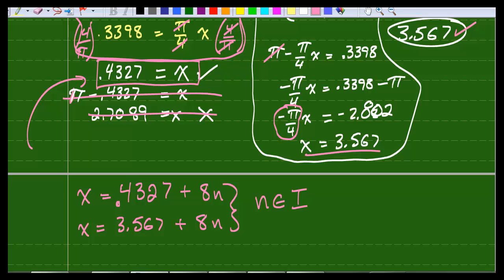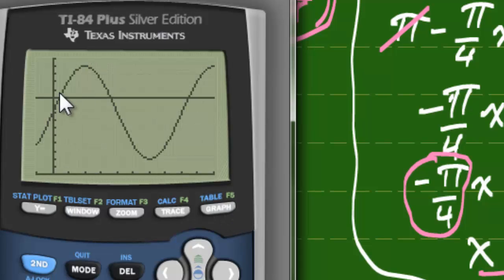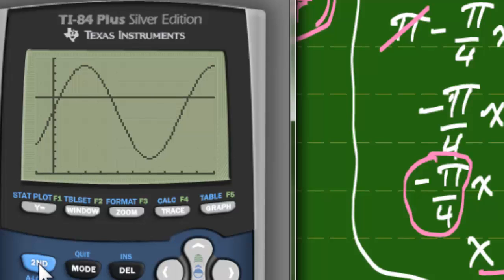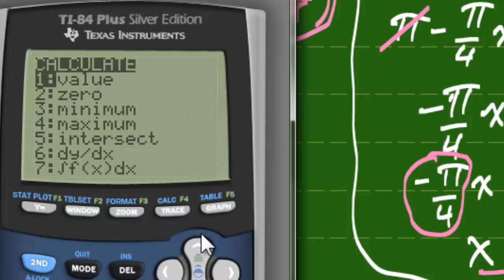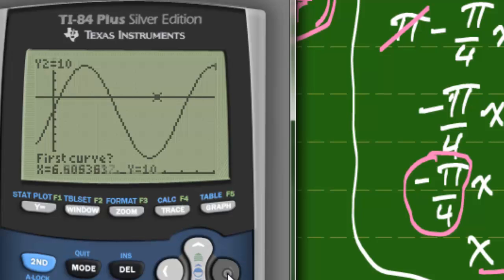If I go back to my graphing calculator and I look at my graph, my first point up here was 0.4367. If I add 8, this one should be 8.4, right? Because my period is 8. So let's just double check that. Second calc, number 5, we're going to move over along the straight line to save a little time. 6, you can see down the bottom left-hand corner, we're at 7, getting pretty close to 8.